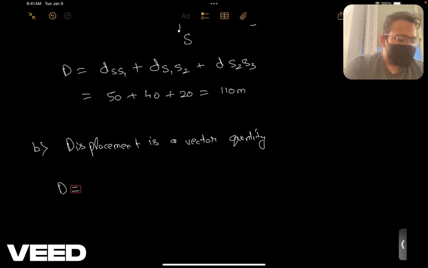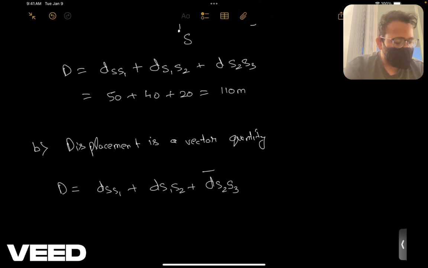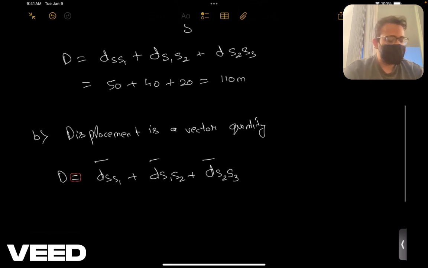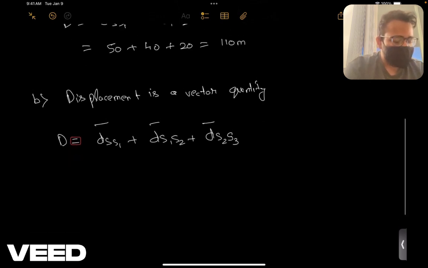As it's a vector quantity, we have to do a vector addition instead of a scalar addition. So I'm putting bars, which will represent that these three are vectors and not scalars.